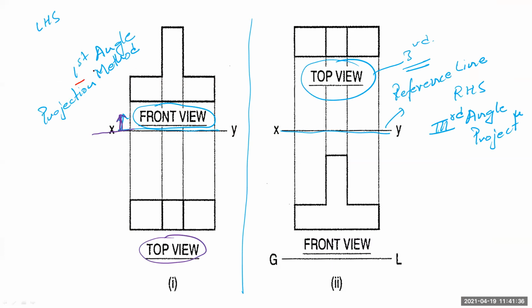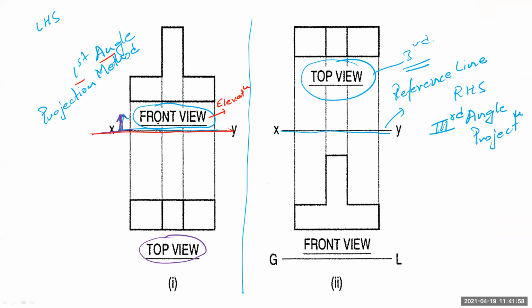In your first angle projection method, if this is your reference line, so it is written that front view, or in that slide it was written elevation. For front view it was written elevation. Okay, so the front view will be above your reference plane.